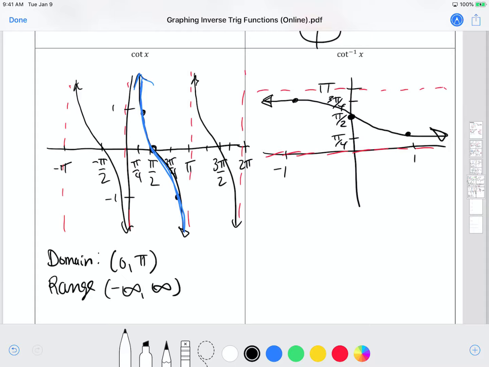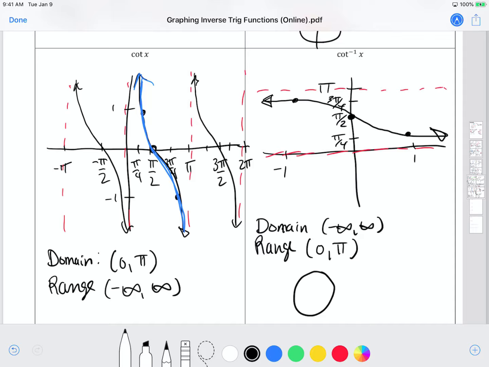So for the inverse cotangent, the domain is going to be -infinity to infinity, and the range is going to be from 0 to pi, not including 0 and pi because there are asymptotes there and it never touches the lines y equals pi and y equals 0. When we're dealing with expressions that have inverse cotangent, because we're looking at 0 to pi, we're looking at quadrants 1 and 2.